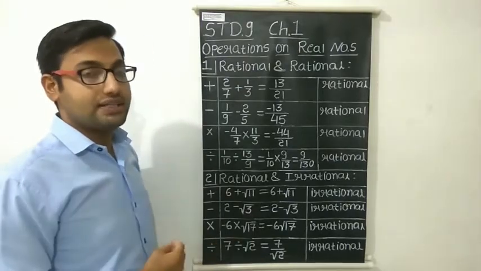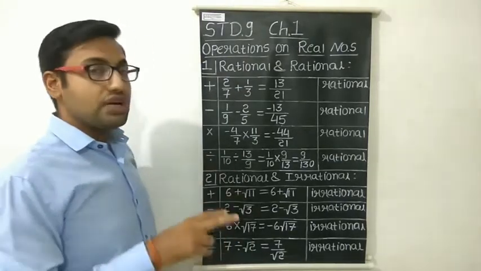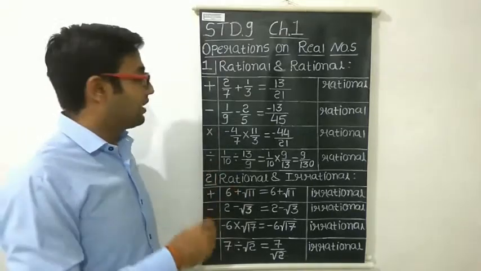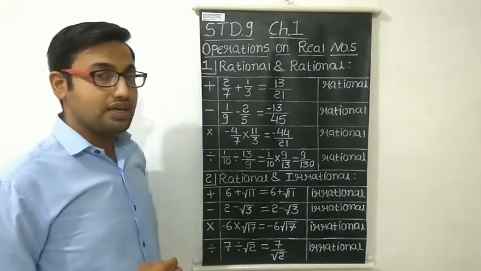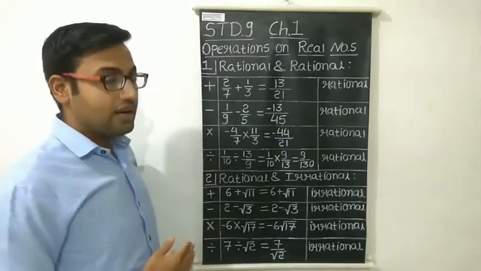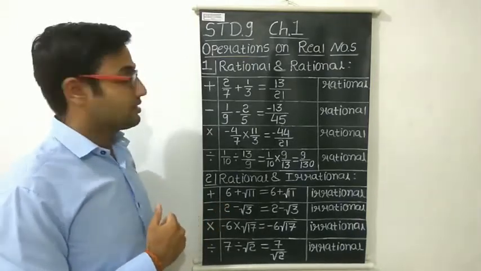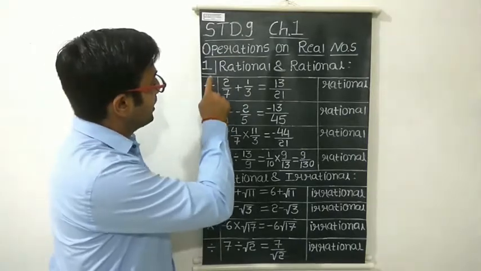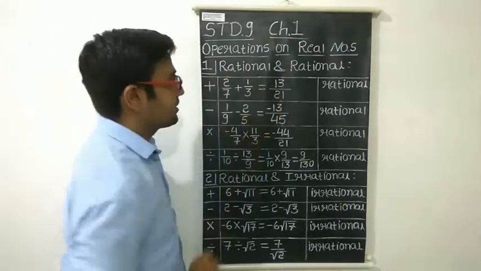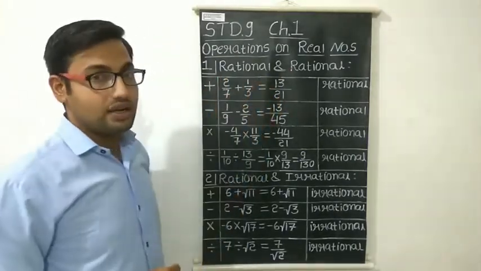And in third case we will take two irrational numbers and then apply the four basic operations, right? And after that we will derive the sum of the results. So first case is rational and rational number.